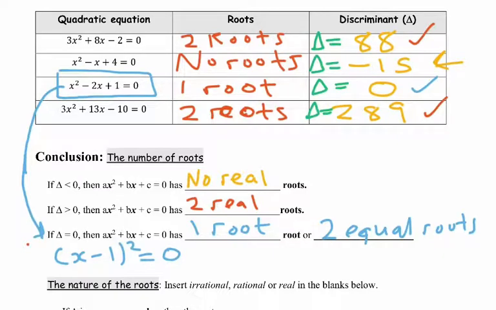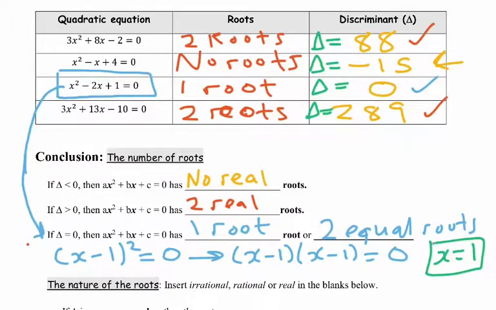Now, if I write those two factors separately, I get x minus 1, x minus 1. So, technically, the only root we have is at x equals 1. That's our only root. But because it's repeated here and here, they say that the 2 roots are equal because we've got two repeated factors, x minus 1, x minus 1. So that means we've got 2 roots with the same value.